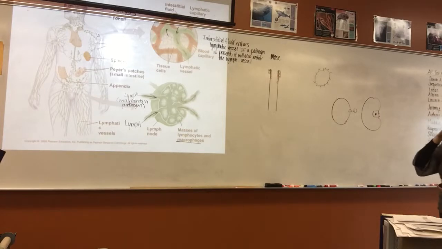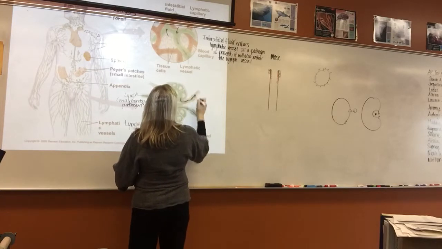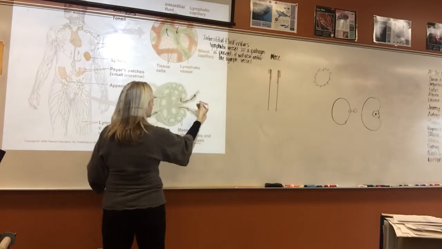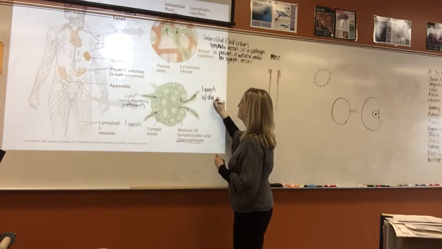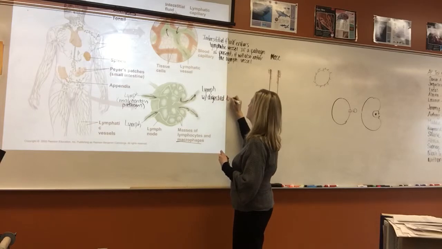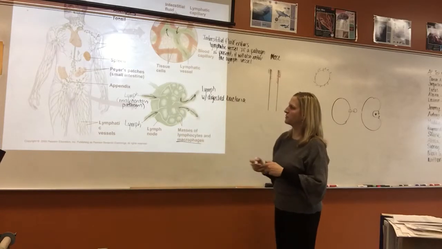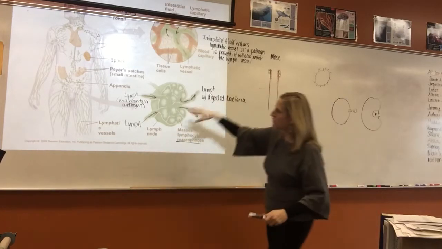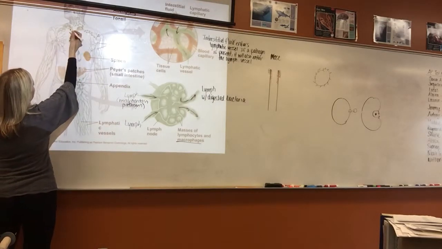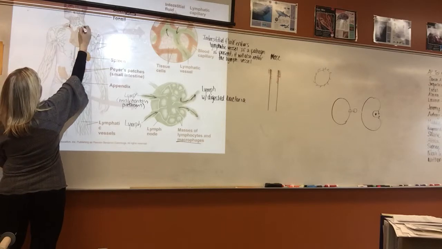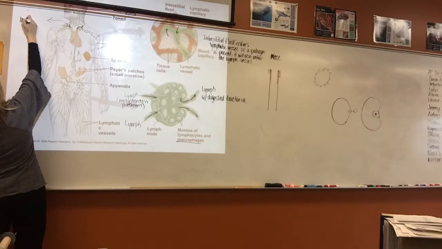And so then your lymph leaves the lymph nodes, and now you've got all this lymph with digested bacteria and cell parts and stuff from your infection. And so then it goes through the rest of your lymphatic system, and what's not labeled, and I'm not sure why, you have these two little parts right here. These are called your thoracic ducts.